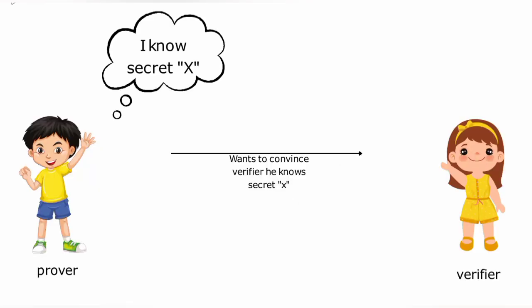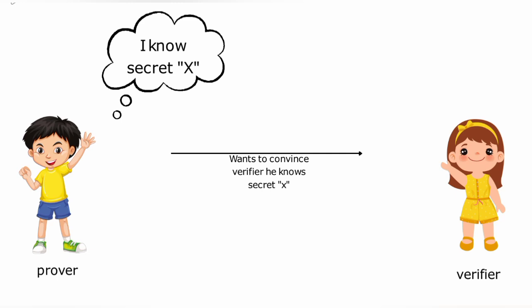Here the prover knows a secret X, and he wants to convince the verifier that he knows the secret X without revealing the secret X. He wants to prove his claim that he knows that particular statement, but he doesn't want to reveal the statement itself.